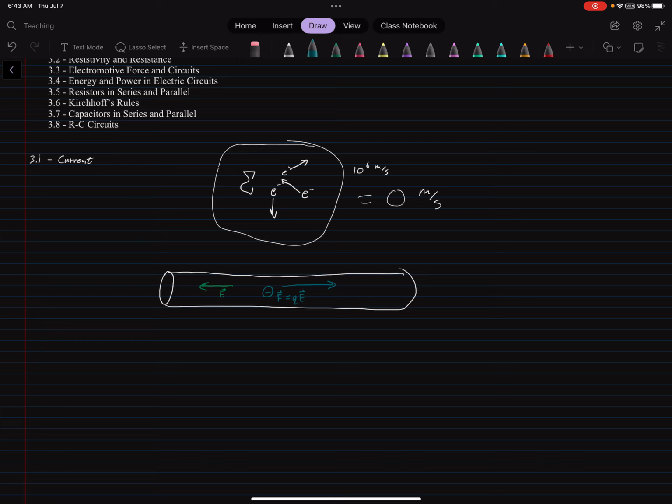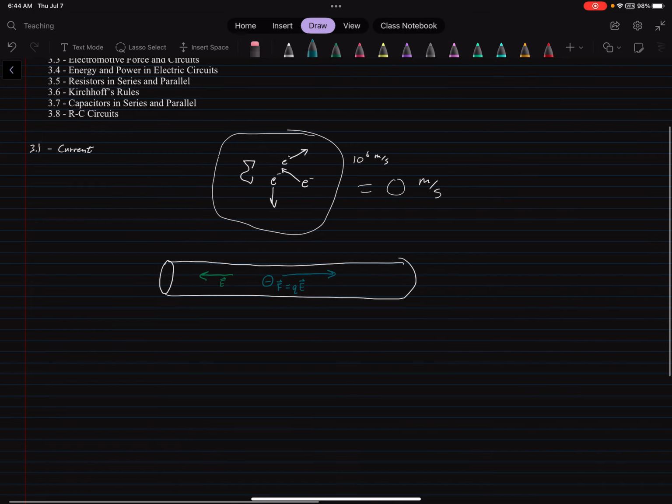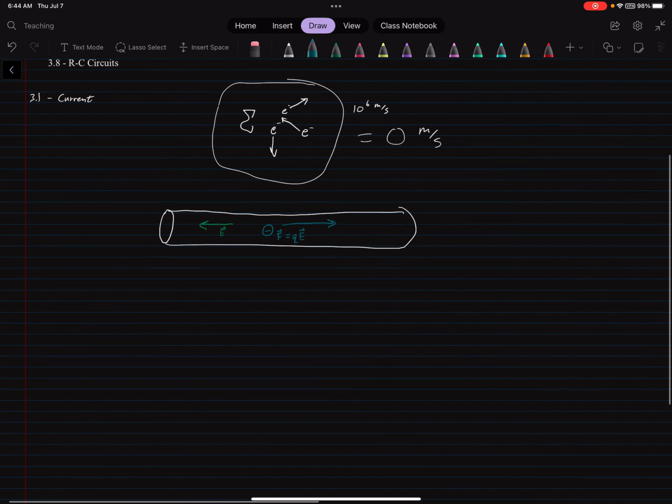It's slower than if their path were unobstructed. If they didn't collide with anything, then this electric field would continue accelerating them faster and faster and faster off to infinity if your wire was infinitely long, I suppose. But that's not really what happens. They are slowed down to a certain velocity called the drift velocity, based on the amount of collisions that they experience in the material.